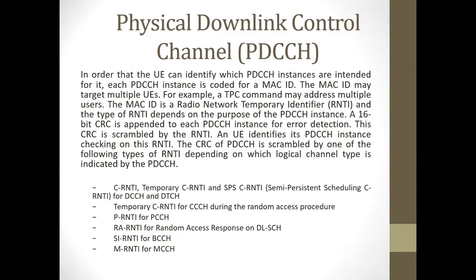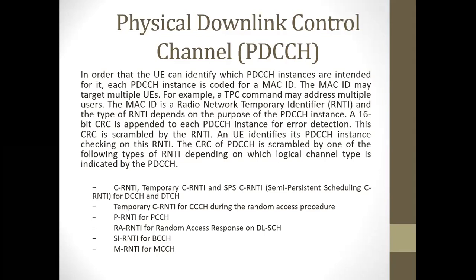So every user checks the whole control region and looks for PDCCH instances dedicated for himself. How does it do that? It checks whether or not the CRC of the PDCCH is scrambled by its own identity.